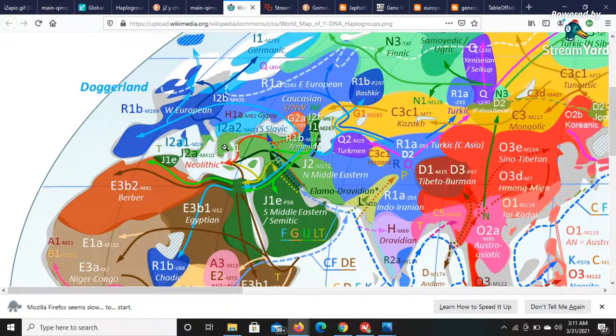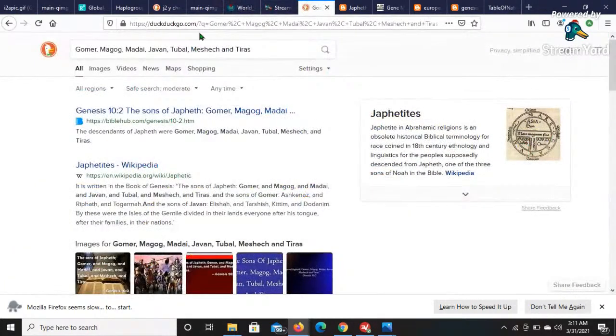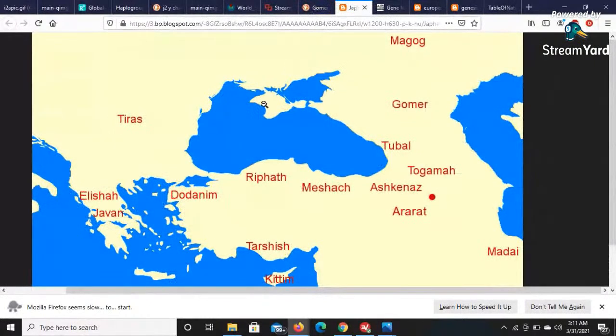So that would probably be, here we go, Tiras and Javan. Tiras and Javan, probably in Europe, went extinct. Their Y chromosome went extinct. I mean, they're all over Europe, but they're Neanderthal, they're related to Asians, and they're extinct.